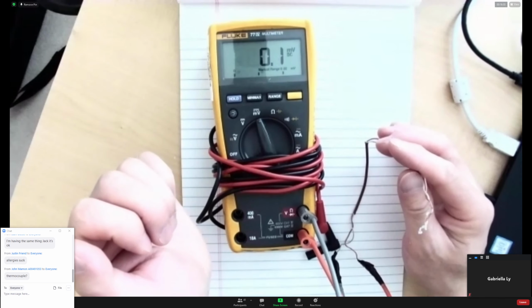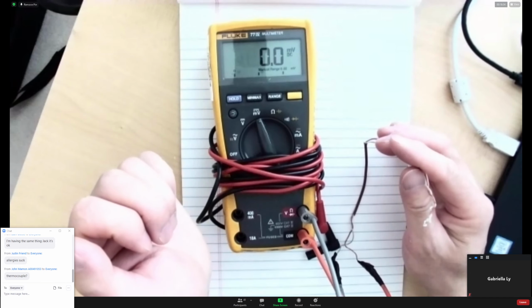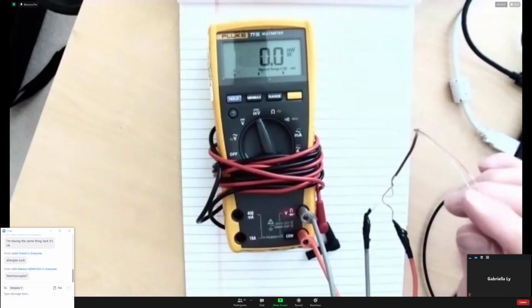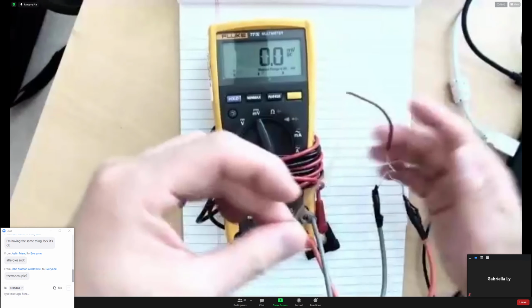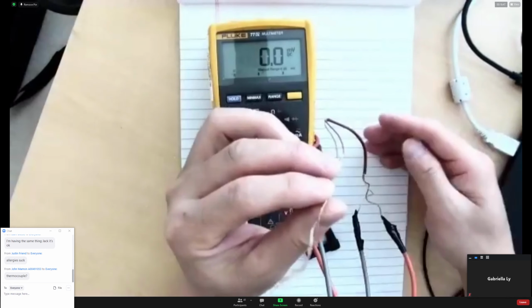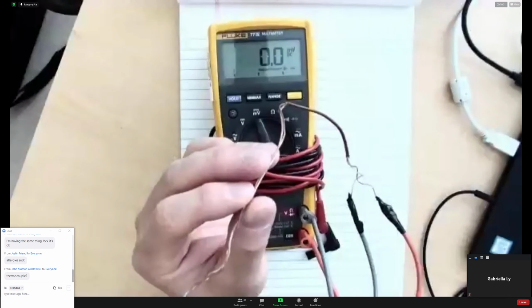Yes, this is the thermocouple. You can see this thermocouple is very simple, just basically two different types of wire. You hook one terminal together, and we have another terminal still open down here.